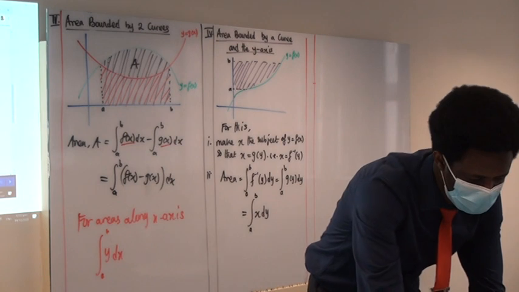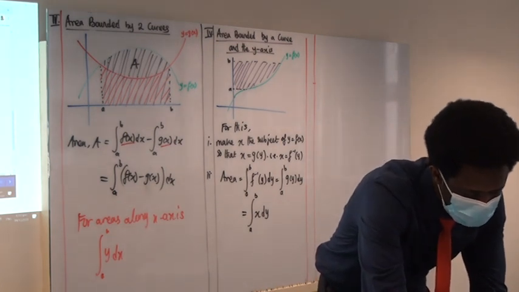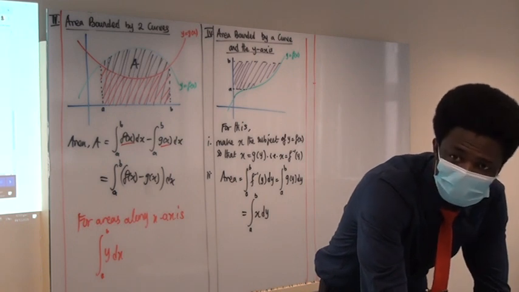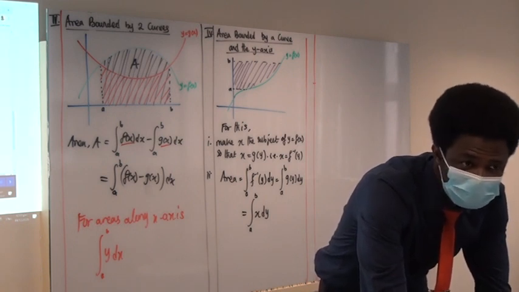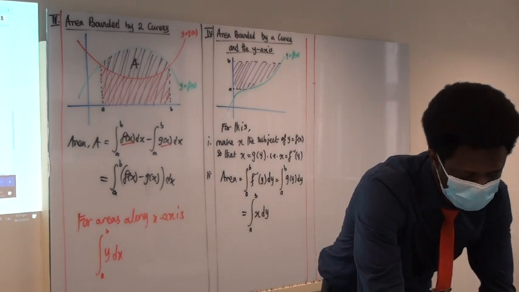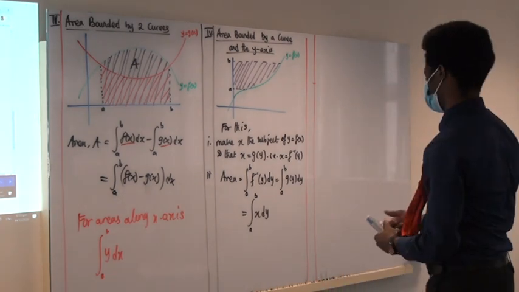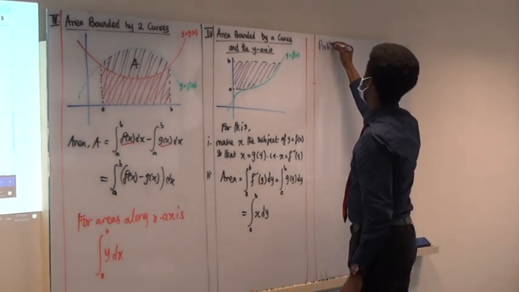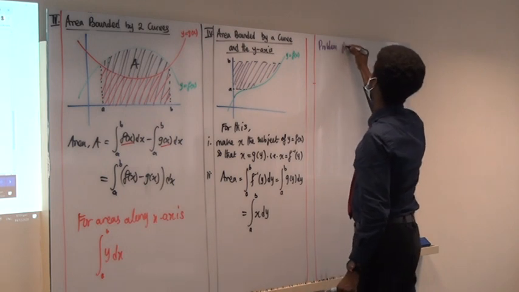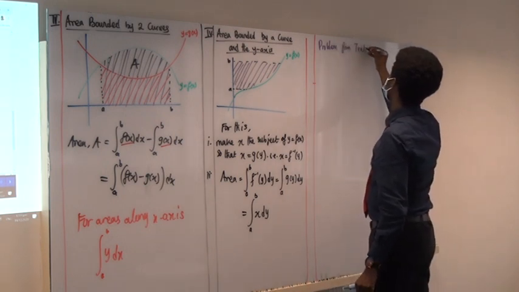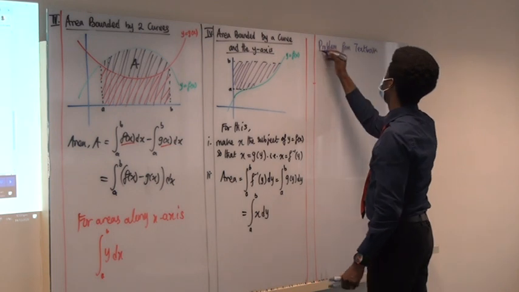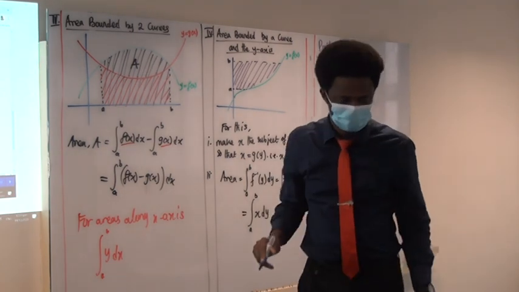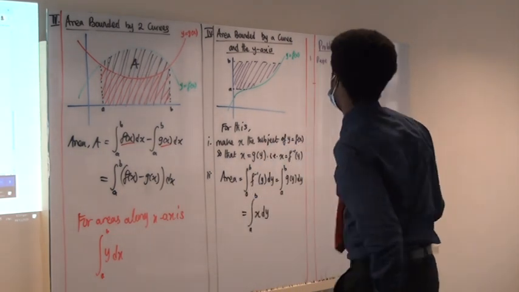Maybe we shouldn't bother about 12. Let's look at 14. No, 13. 13 also is easy because they already have the function already. 13A and B. Let's try 13A together. So these are problems from the textbook. Page 599, question 13.